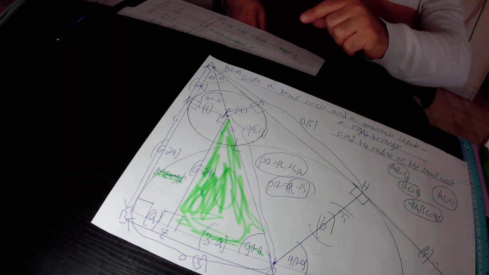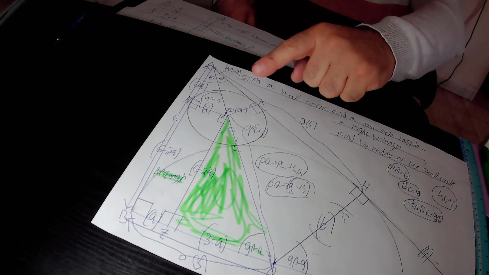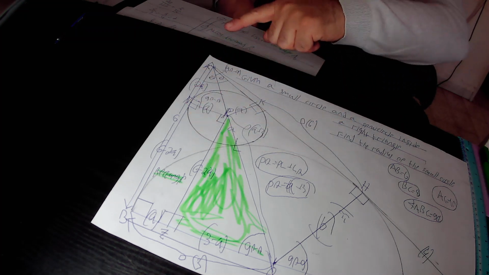Likewise, if we continue to focus on this common external point A, from this common external point A, we have two tangents to the big semicircle, tangent AB and tangent AH.